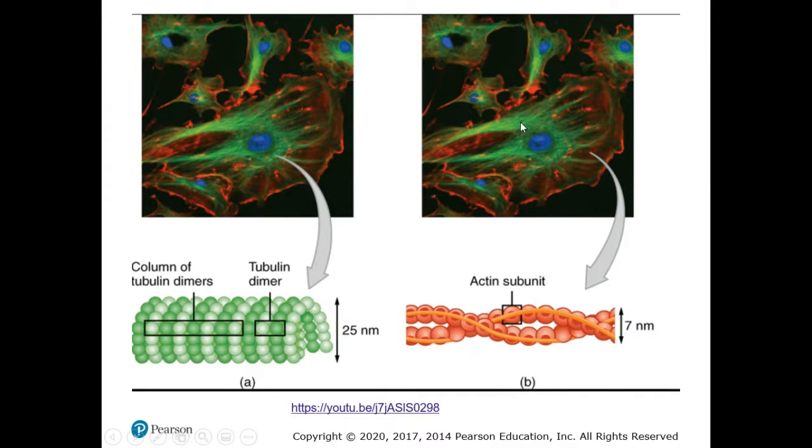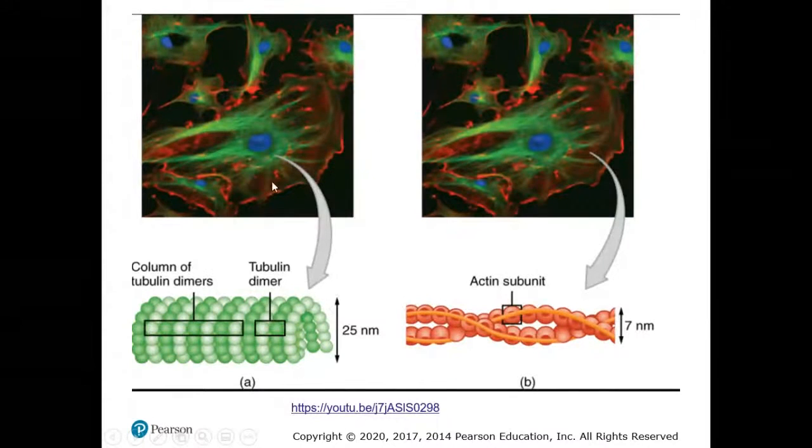Notice how extensive this is. This is one cell, by the way. There's another cell, another cell, another cell, and so on. Notice how extensive their cytoskeleton is. It's very big and it comprises most of the cell.